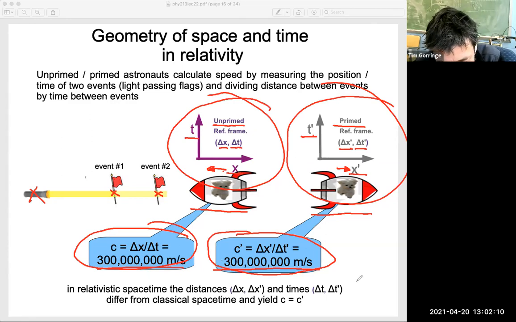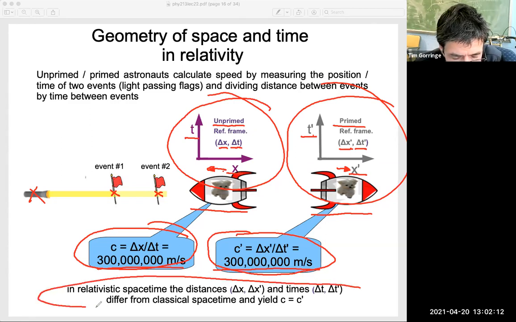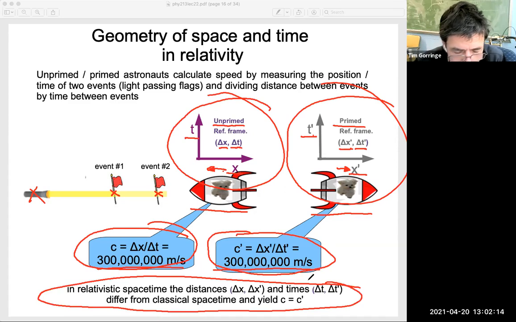And the key thing that Einstein had to do to what I would now call classical space-time, the old-fashioned Newtonian space-time, was modify it to invent a new relativistic space-time to accommodate the absolute speed of light. Specifically, he had to modify our notions of these spatial distances and time intervals.